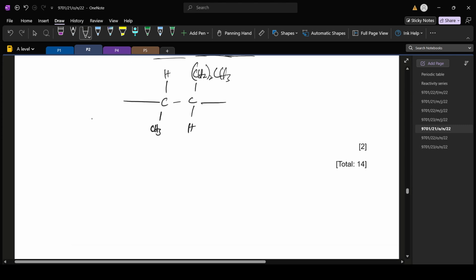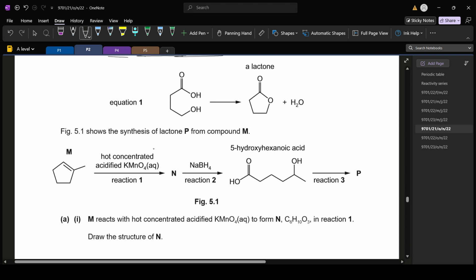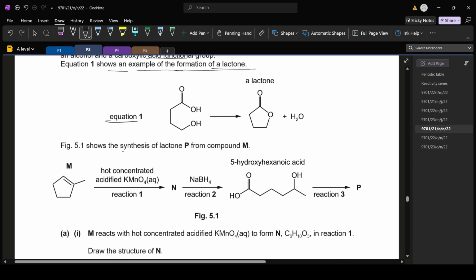Moving towards question number 5. Lactones are cyclic esters. Under suitable conditions, lactones form from molecules that have both an alcohol and a carboxylic acid functional group. Equation 1 shows an example for the formation of lactone. Now this is your equation 1.